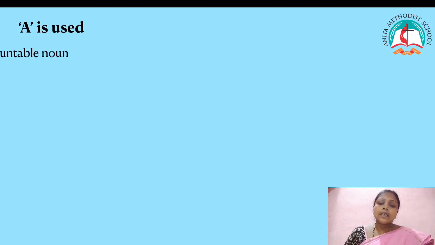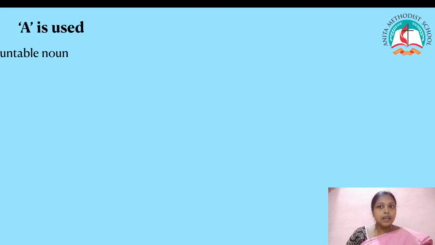In a singular countable noun. What is meant by singular countable noun? You all know what singular means. Singular means one. Countable, I can count. For example, a bag. How many bags? One. I can count. So it is a singular countable noun.